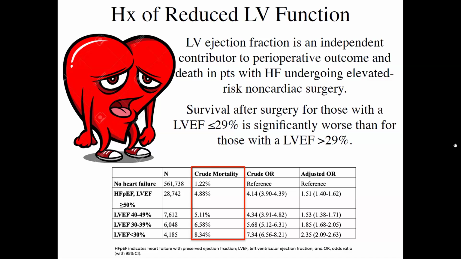And then it's really this number that should get our attention to talk to the surgeon and say, is this the right intervention for that patient? This patient wants a total knee, this patient wants a total shoulder, their EF's 29 or less. You can talk about these kinds of numbers. It's a 1 in 12 chance that they could die. And again, that's a very big number. I'm not saying that that's necessarily the case in that shoulder patient, but really, you could say there's 8 times the risk versus someone without heart failure.